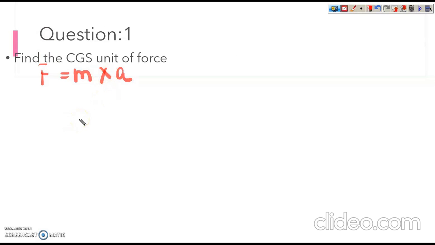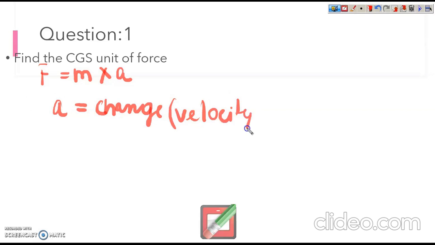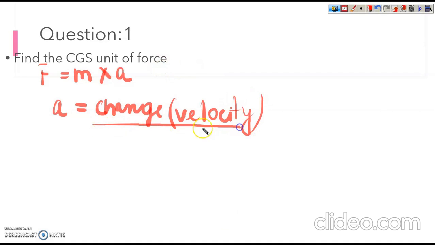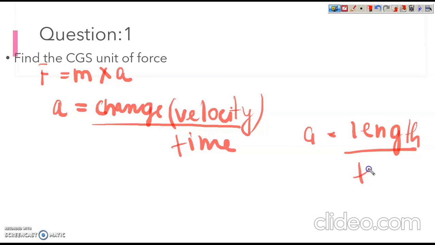So we have mass as a fundamental quantity and acceleration as a derived quantity, which can be written as change in velocity over time. So, for unit purposes, acceleration can be written as length over time square.